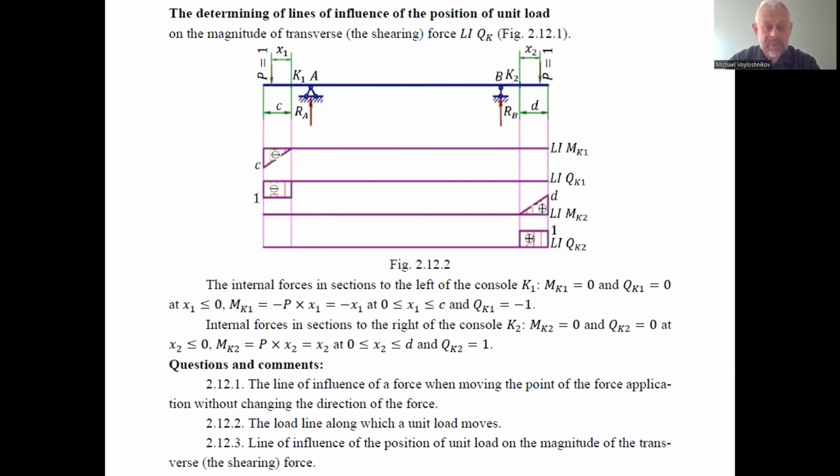The support reaction depends on the location of the external force. And if we have the dependence of the support reaction on the location of the unit force, we can use it next to do the lines of influence of the location of the external force on the shearing force.